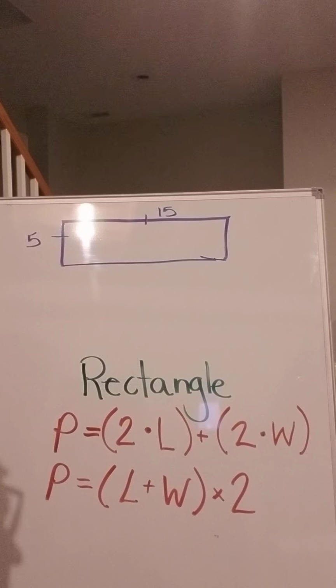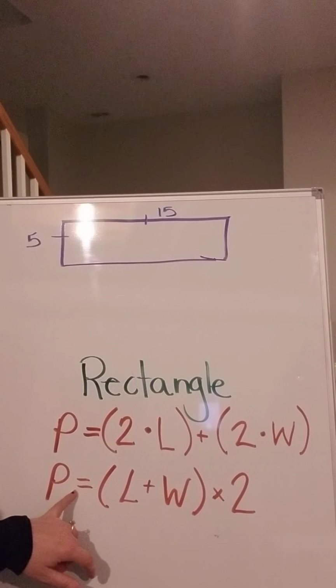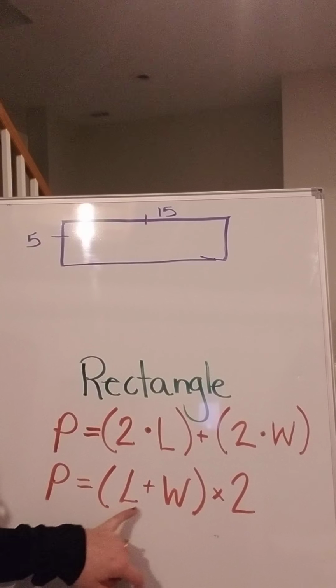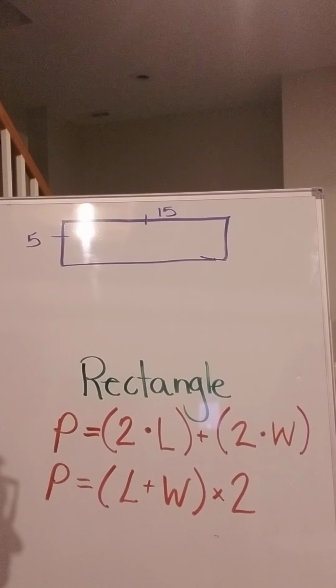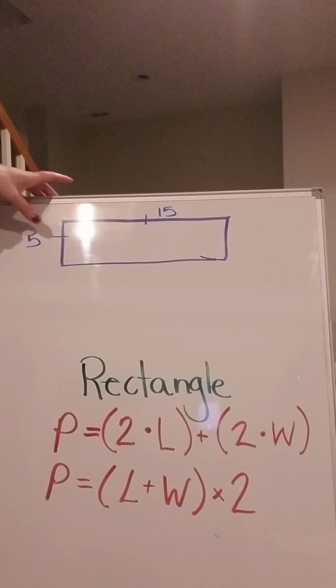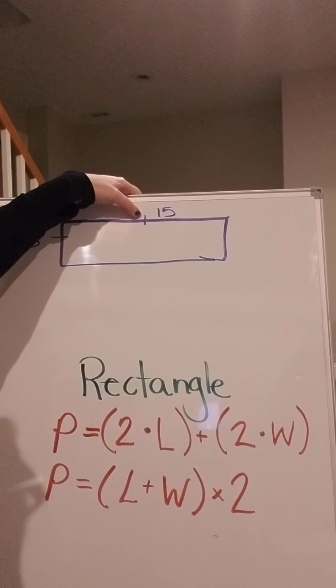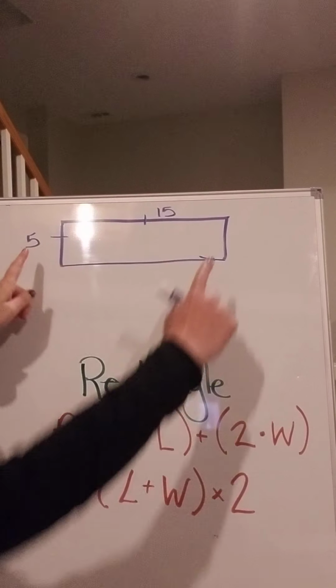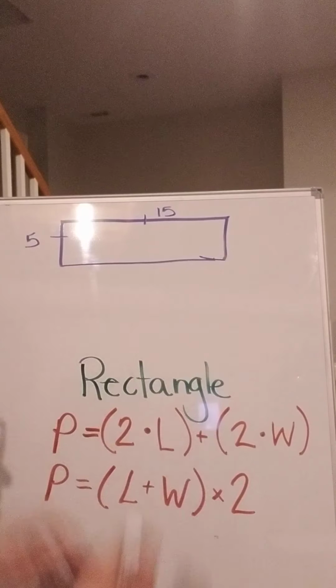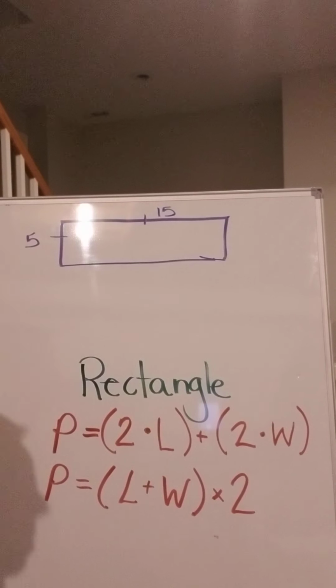The other formula is the same thing. It's just said a different way. Perimeter equals length plus width, and you multiply it by 2. All that's saying is if this is the width, this is the length, you're going to double this and add it all together, okay?